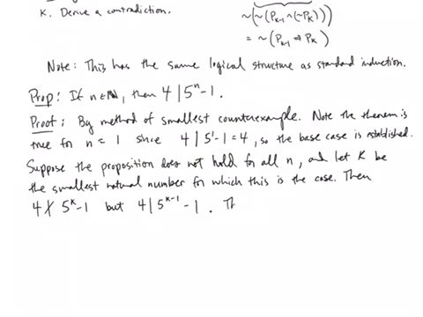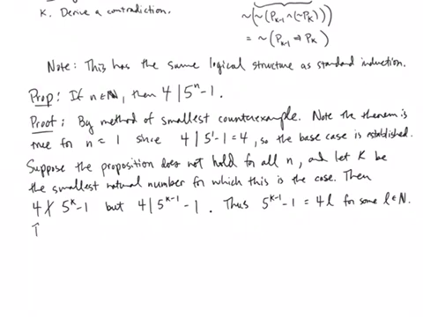So thus 5 to the k minus 1 minus 1 is equal to 4 times L for some L, which is going to be a natural number. And then to get 5 to the k involved, we'll just multiply this by 5 on both sides.